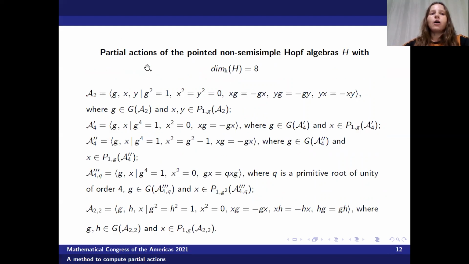I present now all the partial actions of the 18-dimensional pointed non-semisimple Hopf algebras H. There are 5 Hopf algebras in this case, right?